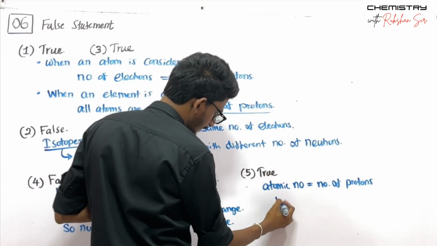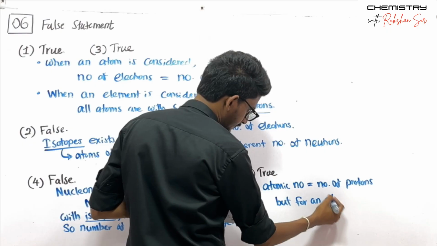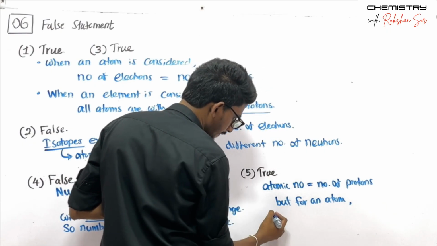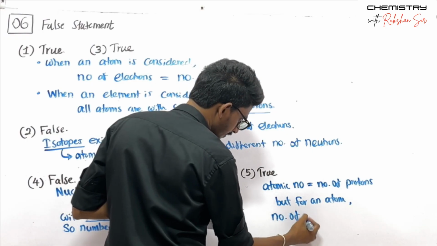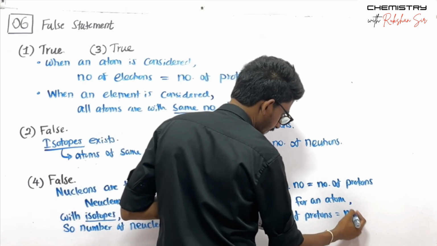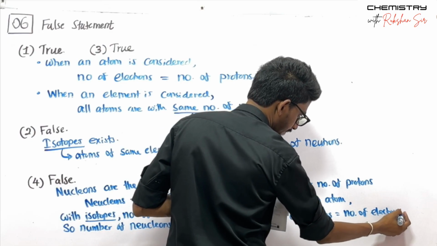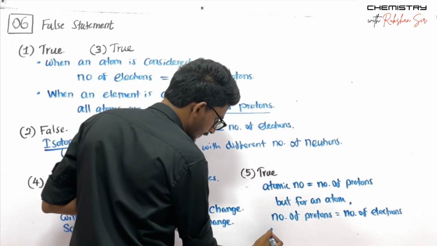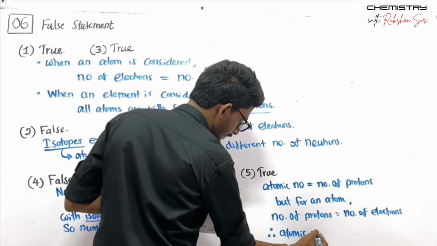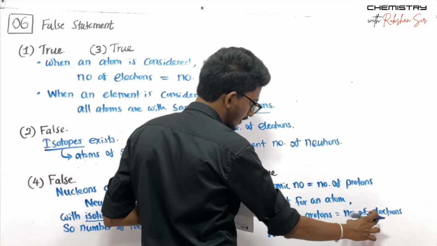But for an atom, the number of protons equals the number of electrons. So atomic number is equal to the number of electrons. Instead of the number of protons, you can write the number of electrons.